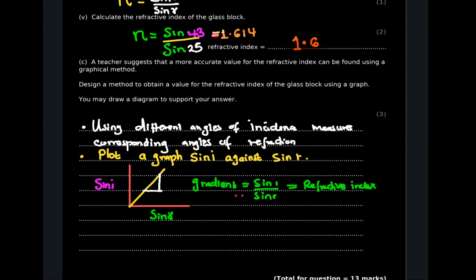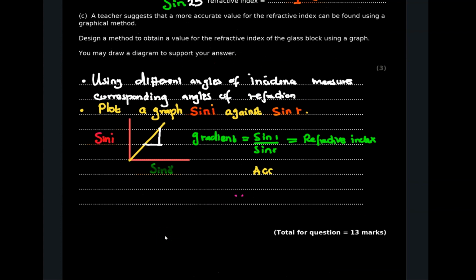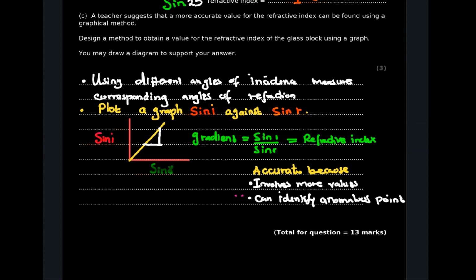This particular method is more accurate compared to just using one point. This method is more accurate because it involves many values, and also you can identify anomalous points.